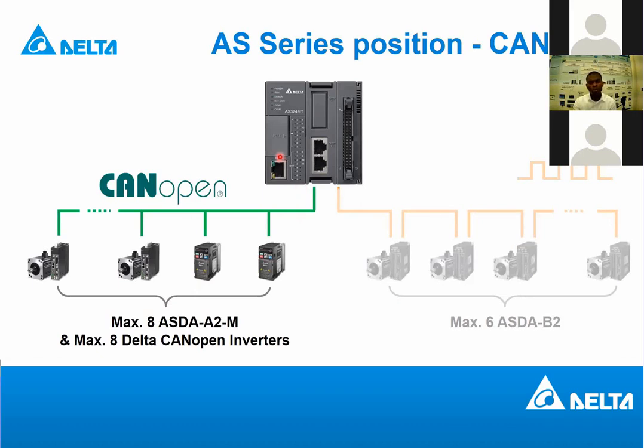With the CANopen special mode, you can control up to 16 slaves. To be specific, a maximum of 8 servo drives, for example the ASDA-A2M you can see on this presentation. This CANopen special mode supports our servo drives that are compatible with CANopen: ASDA-A2, ASDA-B3, ASDA-A3, and even the new servo drives we are going to have that support CANopen.